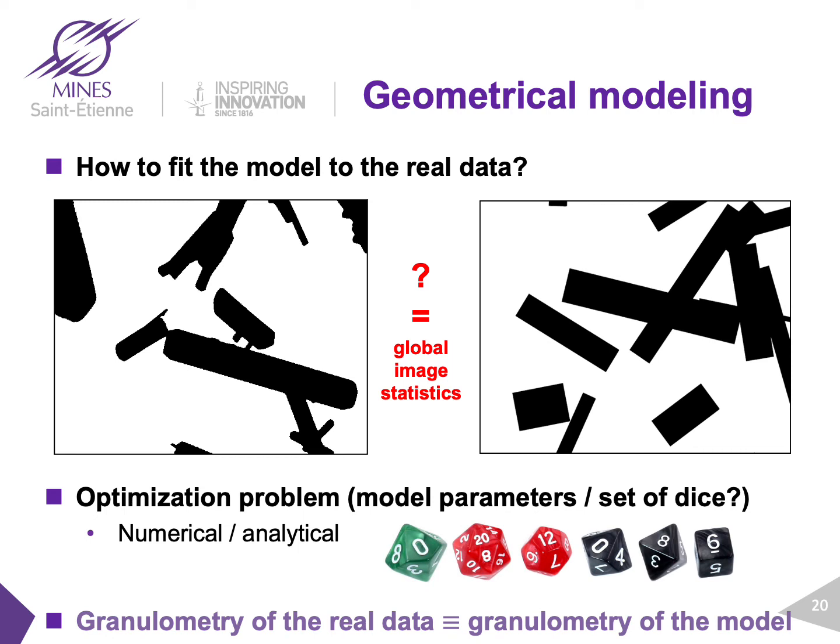And if you look at the model with the optimal parameters, for example, the black dice are related to the shape of the particle. It means that if you fit your model, you know the granulometry of the model, because you simulate the model with some parameters that you know, and you can consider that the black dice are also related to the shape of your crystals in the real data.